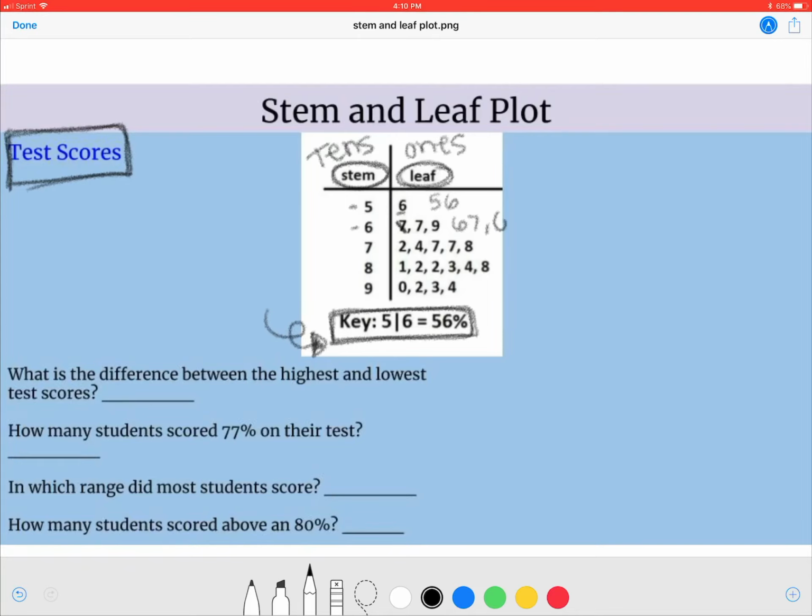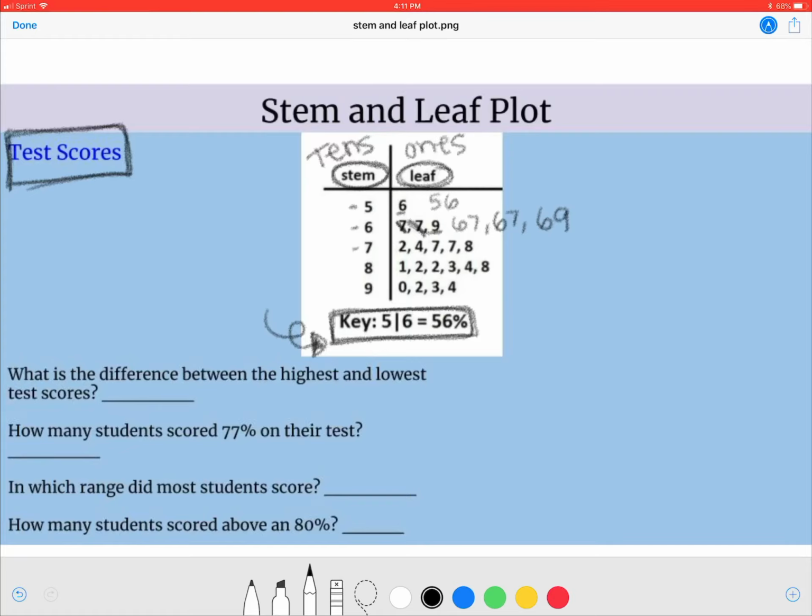Oh, I see there's another 7, so that means 2 people made a 67. And then I also have a 6 in my tens and a 9 in my ones. So that means we have 3 scores that were in the 60s range.